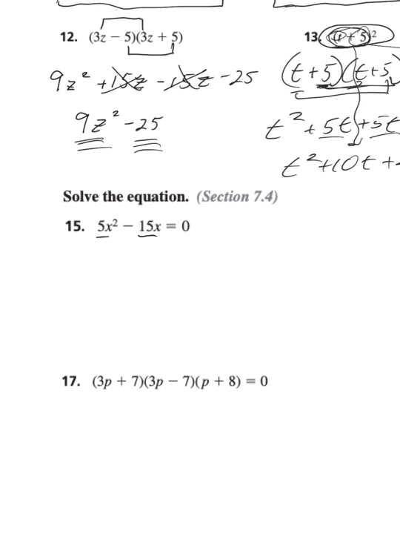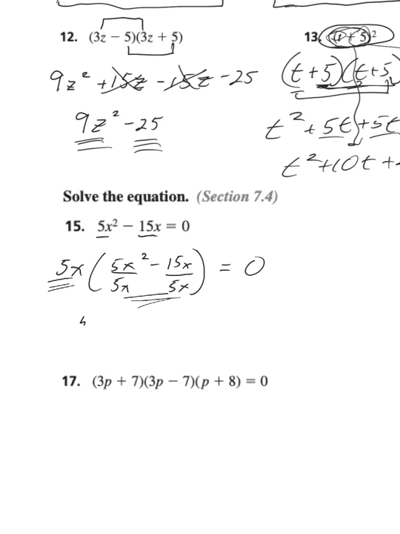So if you remember, what we'll do is we'll put the 5x on the outside of the parentheses, and then we'll put our 5x squared minus 15x on the inside, remembering that we need to divide both terms by 5x. We're multiplying by 5x and dividing by 5x, and that assures us that we haven't changed the value.